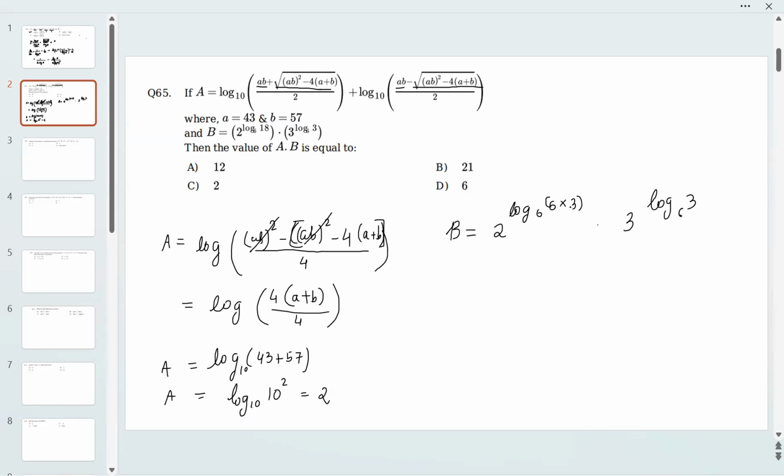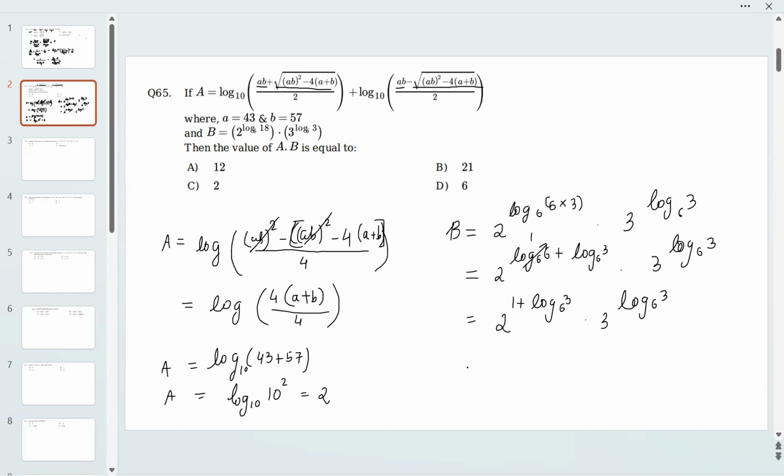And by property of log, if the arguments are multiplied, the logs will be added. So I can write it as 2 raised to log 6 to the base 6 plus log 3 to the base 6, into 3 raised to log 3 to the base 6. This is 1. So I will get 2 raised to 1 plus log 3 to the base 6 into 3 raised to log 3 to the base 6.